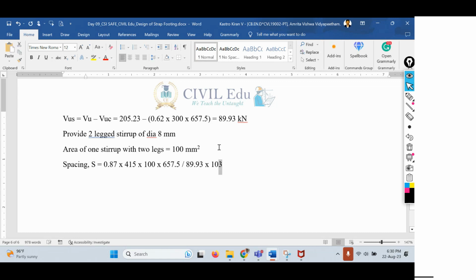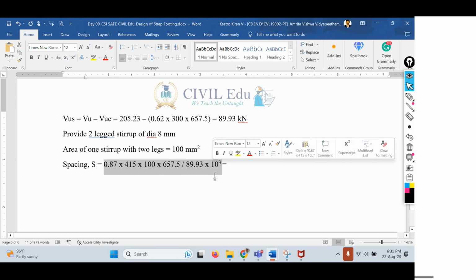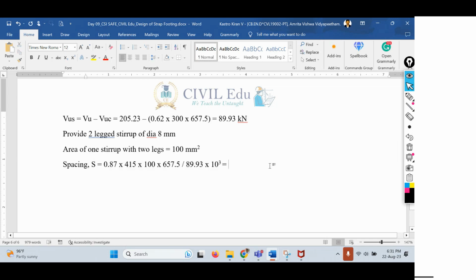I am converting it into newtons. If you solve this, you get the spacing value. Remember, this is a different spacing calculation than in the previous cases. The spacing we get is 286.24 mm.